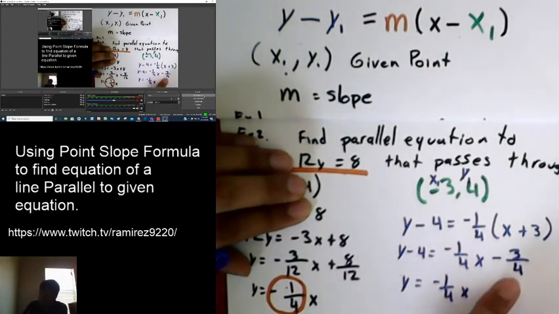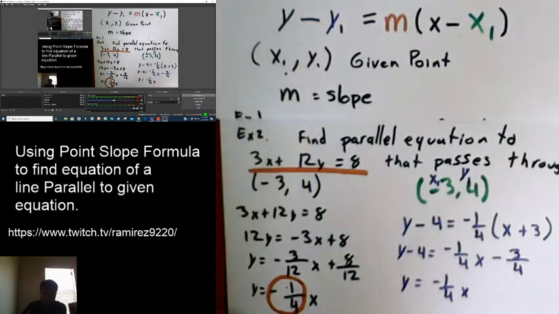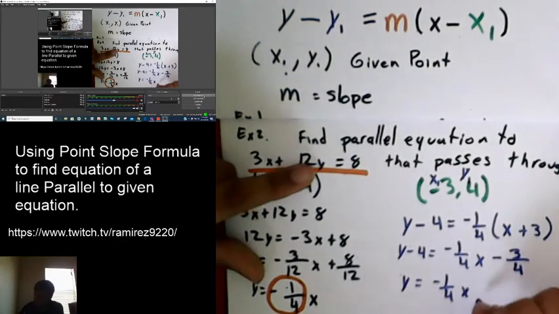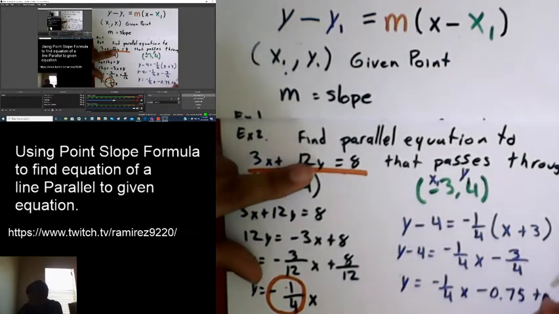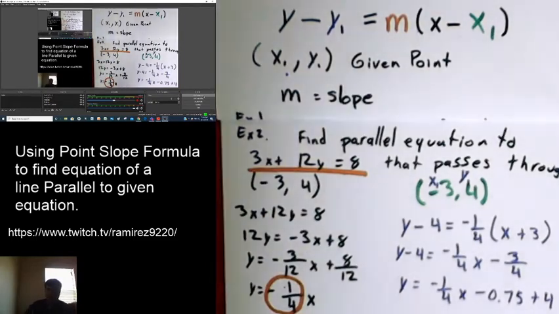Now, when you add 4 to this negative 3/4, I guess it might help to convert it to decimal first. That way it'll make a little bit more sense for you.